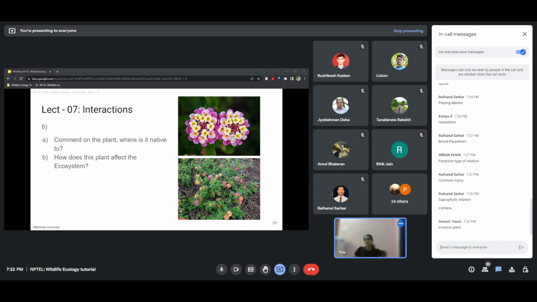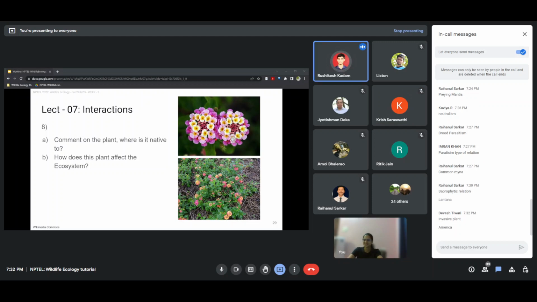What else? Does anyone know where it is native to? Where it originally came from? Okay. Any other guesses? Australia. Okay. North America. Okay. Any more guesses?